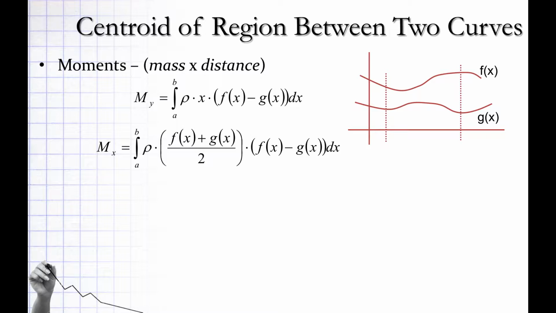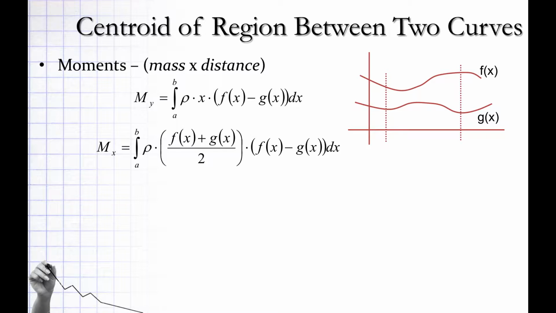So that's what you're going to see here. You're still going to have your area times density for your mass, and then here is your distance, the mid function. So f of x plus g of x over 2 replaces the x.